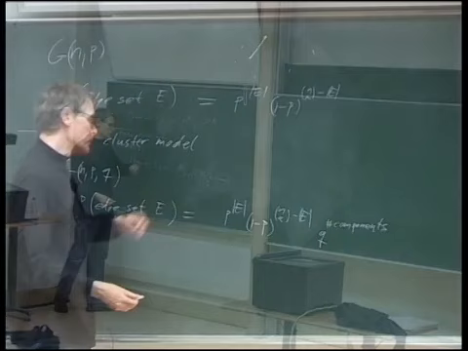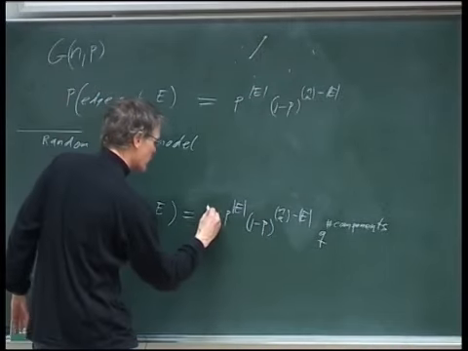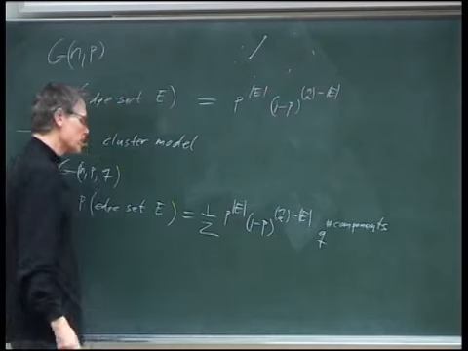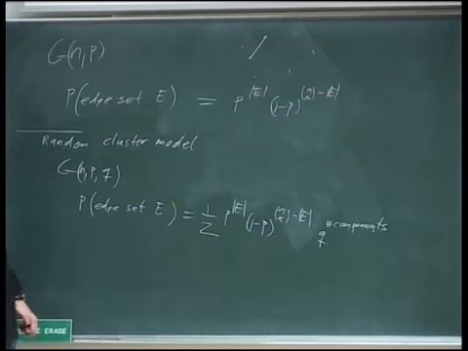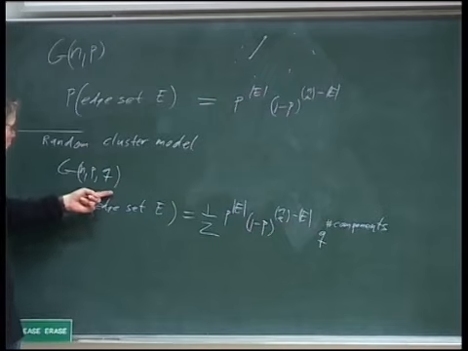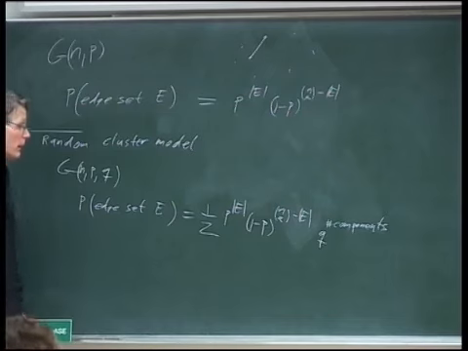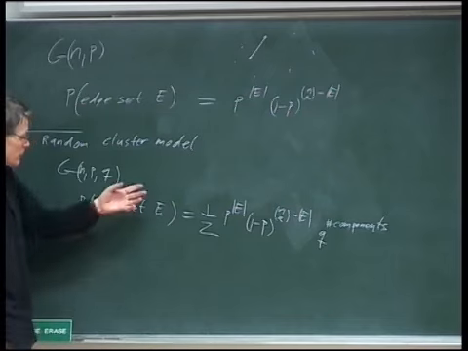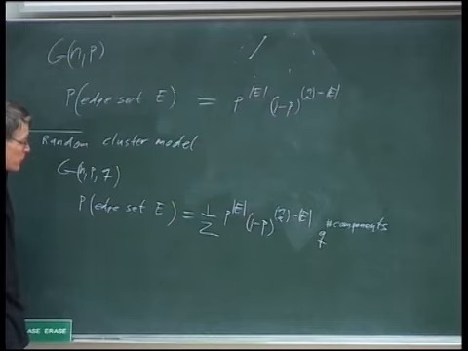And then this will not sum up to 1, so we have to divide by a normalizing factor, the partition function. As I said, this is now for the complete graph. Again, people often study the random cluster model on a lattice, so this would be the mean field version of that.